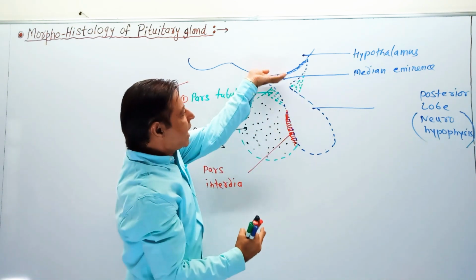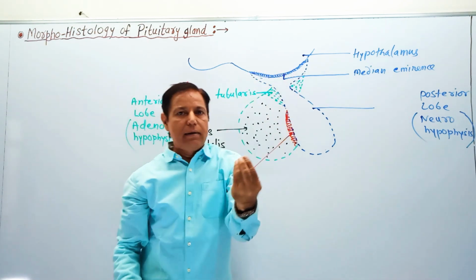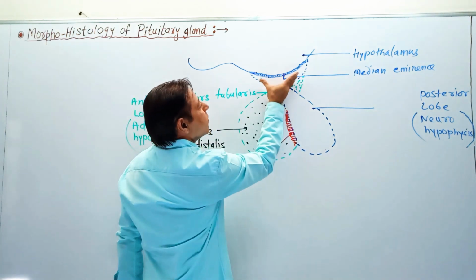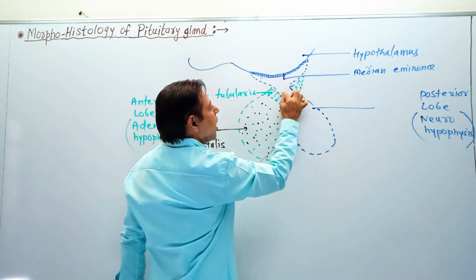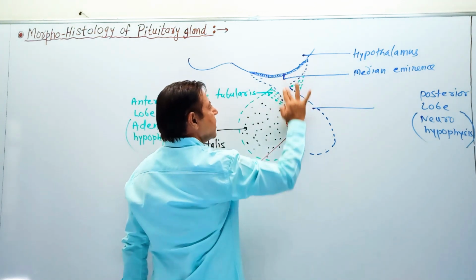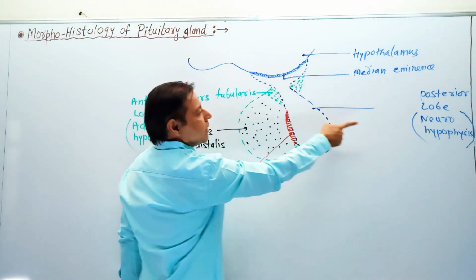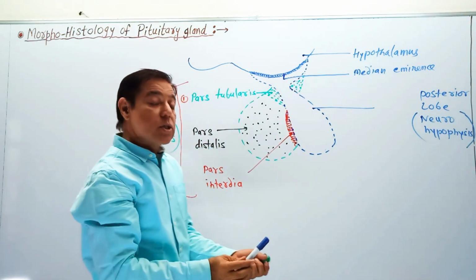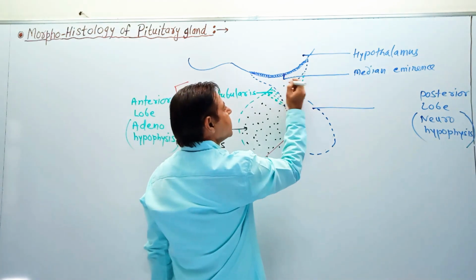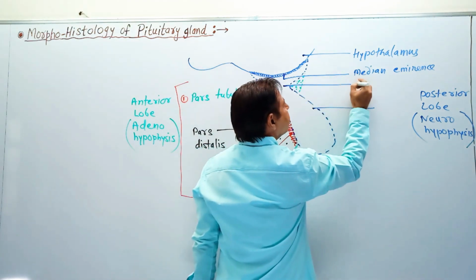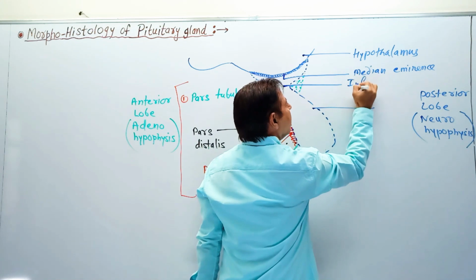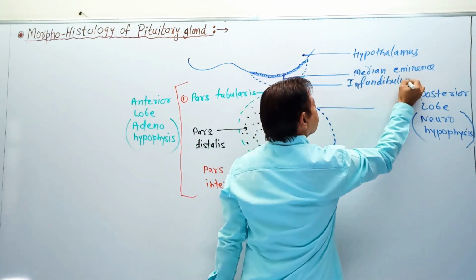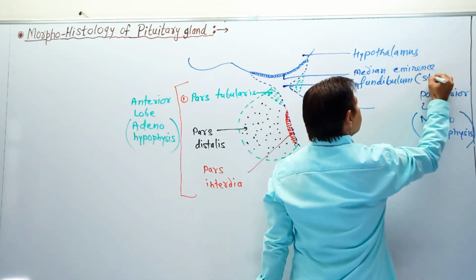This side, lower side of the hypothalamus, a prominent part is there, to which the posterior lobe attaches by its stalk-like structure. This is the stalk-like structure of the posterior pituitary, called infundibulum or stalk of the pituitary. This portion is called stalk of the pituitary, infundibulum, means stalk of the pituitary.